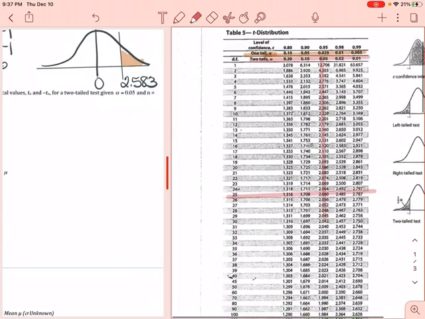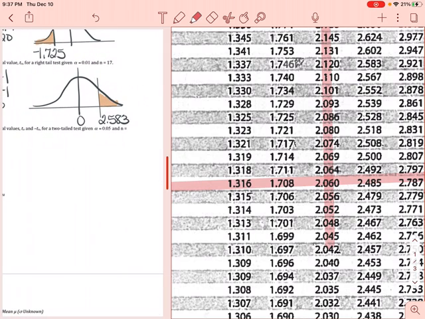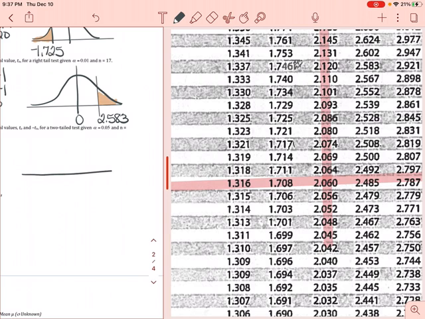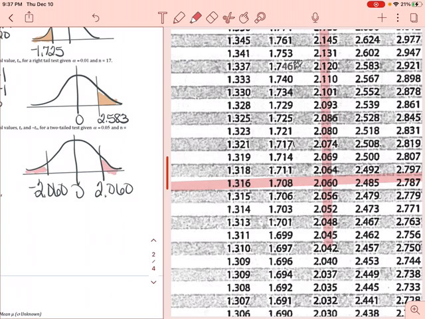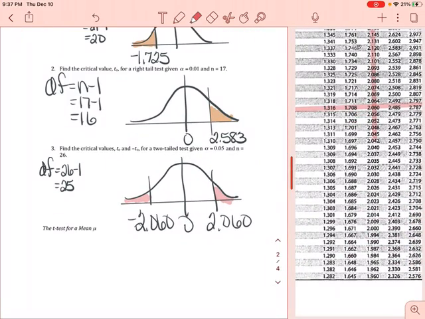There we are, 2.060. Now when we draw our picture, we have negative 2.060 and positive 2.060, and we are shading to the right and left of those. So there's your two-tail test. These are our critical values and rejection regions that we're going to use. We're not ready for p-value yet because that's going to be a little more difficult than using the chart.